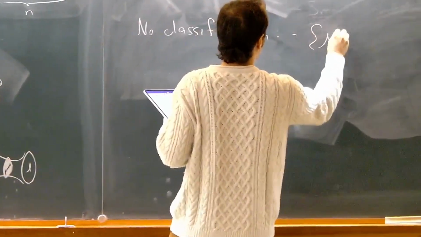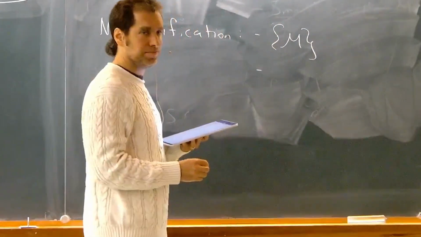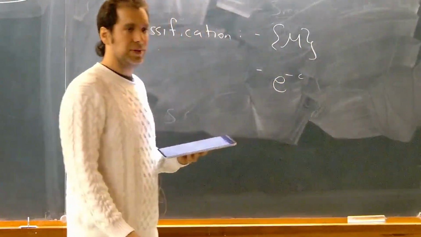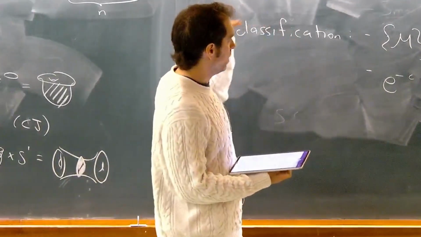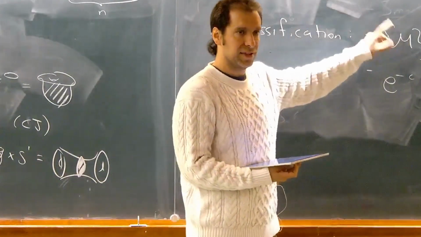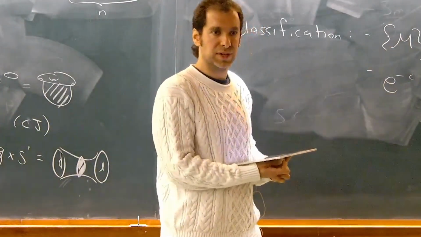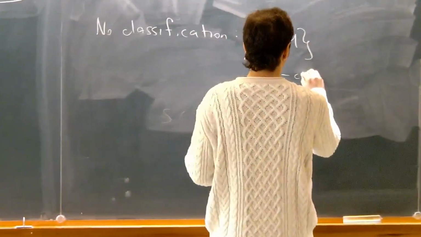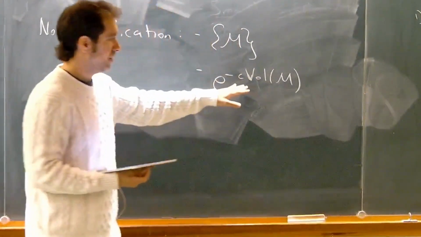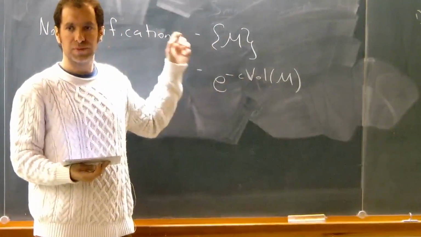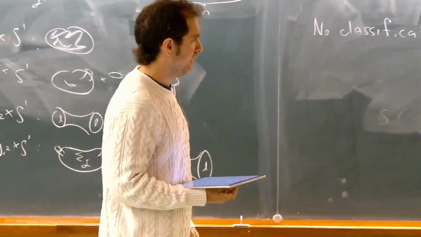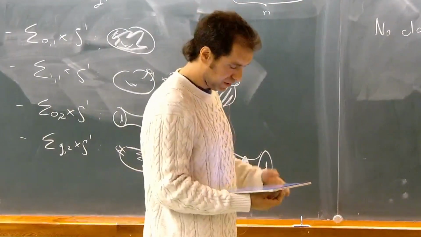So we don't know which manifolds to include, and we don't know the suppression factors. So there should be some e to the minus c type organization of this expansion, but quantitatively, rigorously, we don't know how to organize this sum in terms of some e to the minus c expansion yet, although progress is being made. From certain points of view, one expects an e to the minus c times the volume of this manifold to appear. And I won't say anything more about that.